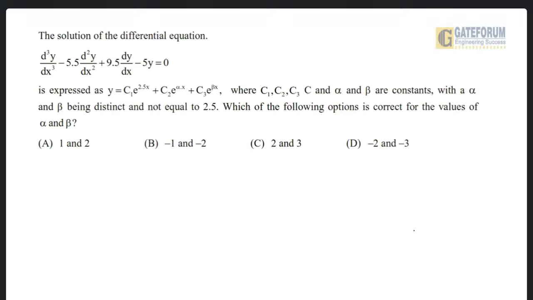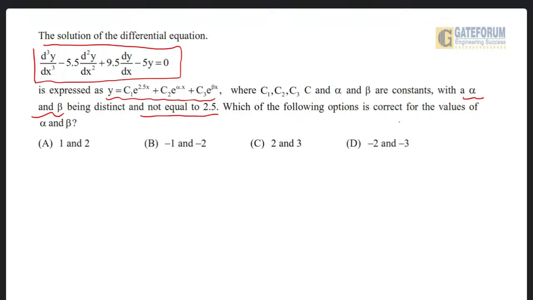The next question. The solution of the differential equation d cube y by dx cube minus 5.5 d square y by dx square plus 9.5 dy by dx minus 5y is equal to 0 is expressed as y is equal to c1 e power 2.5x plus c2 e power alpha x plus c3 e power beta x, where c1, c2, c3 are all constants and alpha, beta are constants, with alpha and beta being distinct and not equal to 2.5.